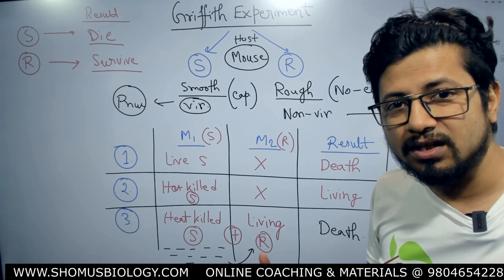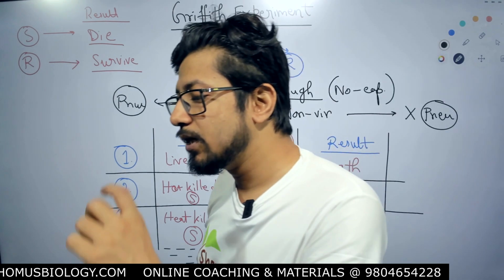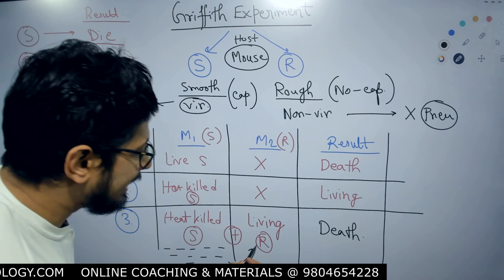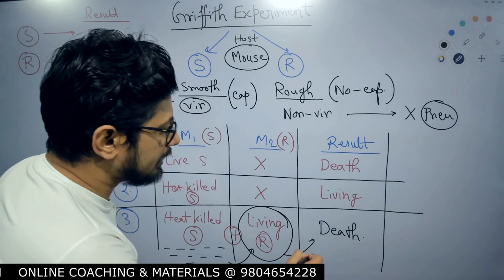Once it acquires the fragments of the DNA, some of these fragments get integrated into the DNA of the R strain bacteria, and then it gives the R strain the ability to cause the disease.